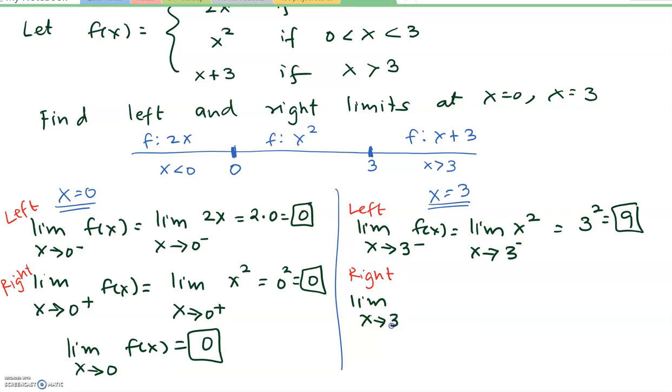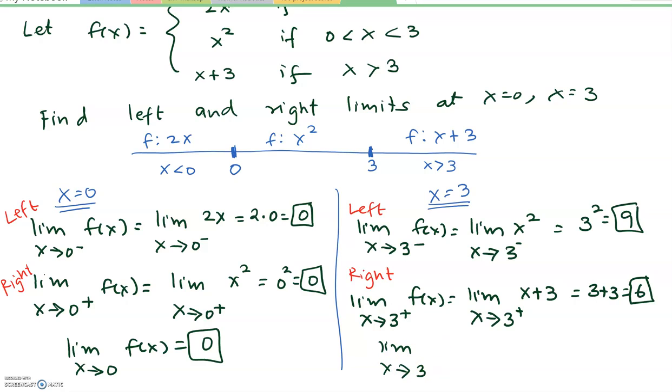Limit x goes to 3 plus of the function, where the rule on the right side of 3 is x plus 3. We plug in 3 here, which becomes 3 plus 3, which is 6. So the left limit and the right limit exist but are not equal. So the limit as x goes to 3 of f of x does not exist. The limit exists only if both the limits exist and are equal.